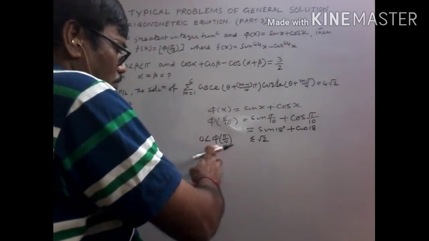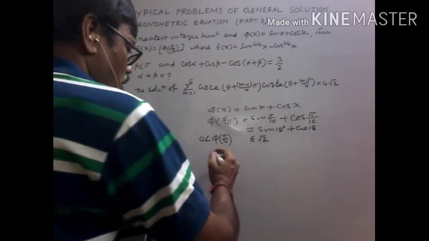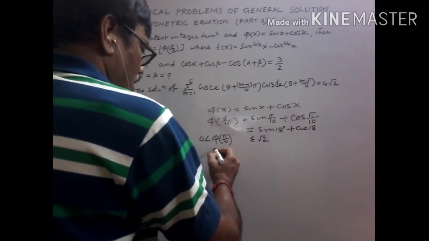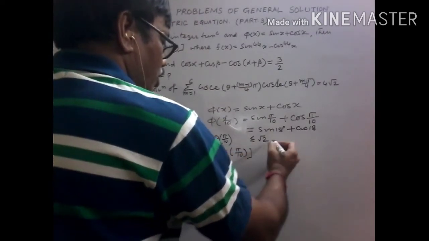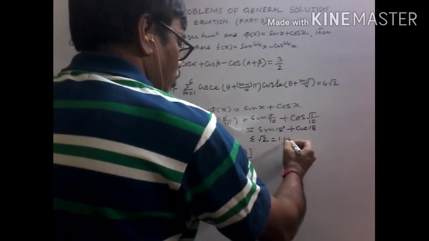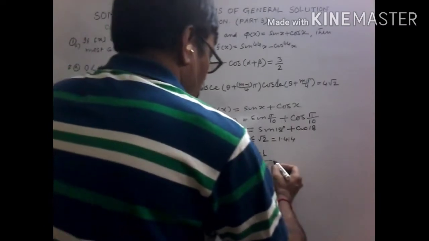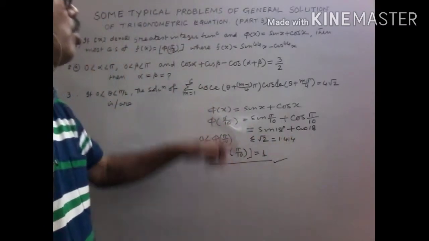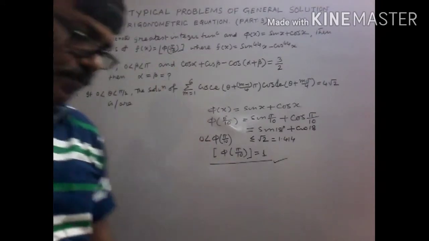So 0 is less than phi(pi/10), which is less than or equal to root 2. So what is the greatest integer of phi(pi/10)? This is about 1.414, so the greatest integer is 1. So we have calculated that [phi(pi/10)] equals 1.